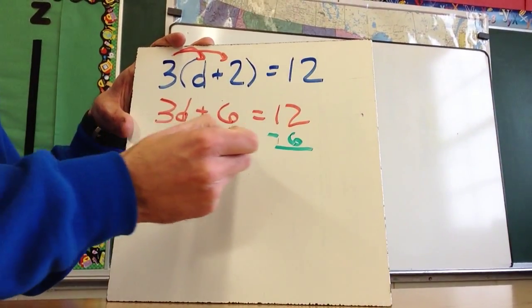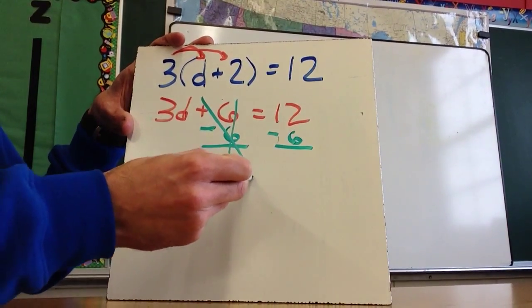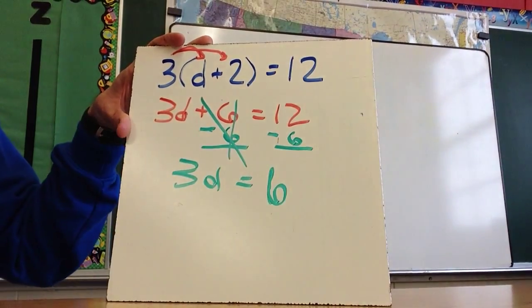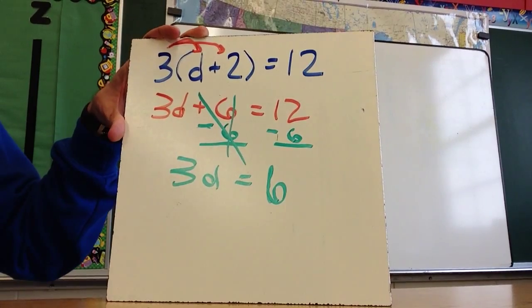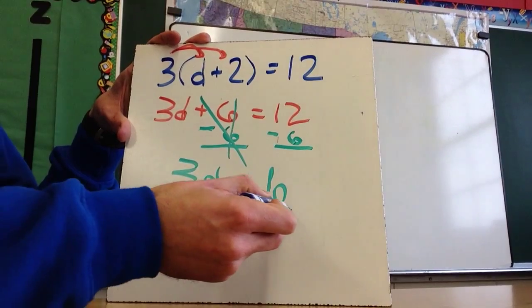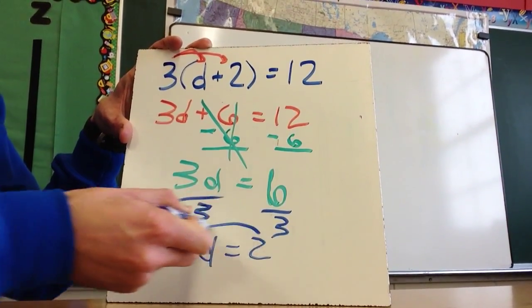I'm going to subtract 6 from both sides. That will cancel out, and I've got 3d equals 6. Now I need to divide by the number that's in front of the d. The number in front of the d is a 3, so I'm going to divide both sides by 3, and I end up with d equals 2.